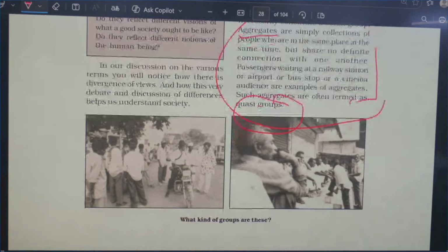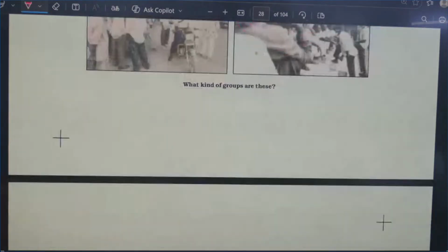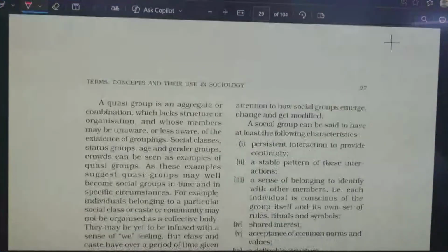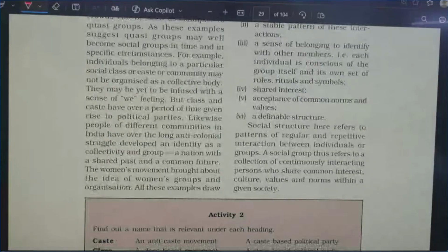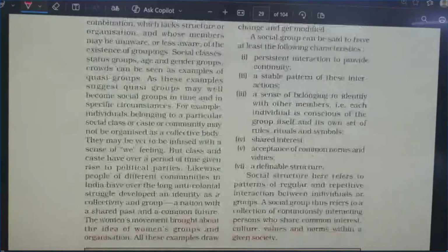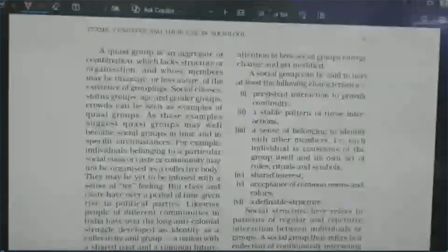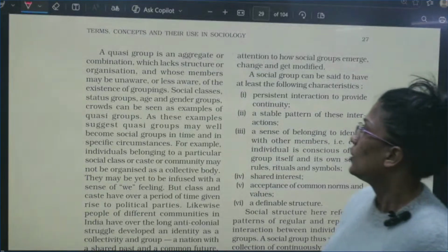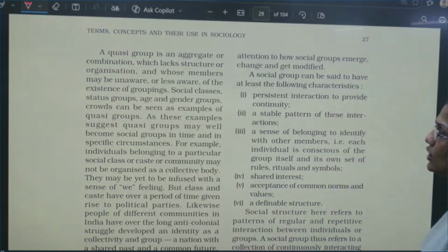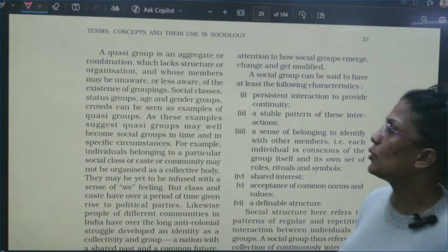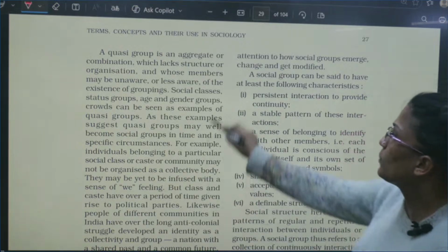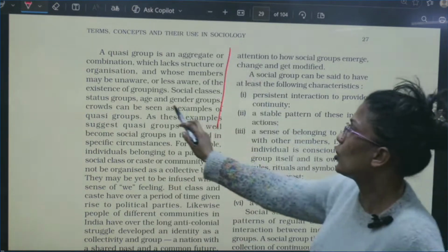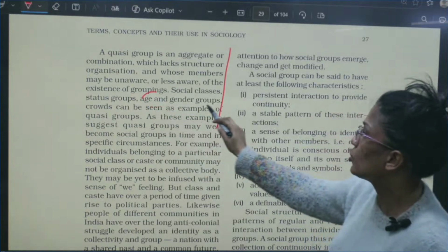In a group you have identity, some sort of connections. A quasi group can be aware of its identity or cannot be. Social classes, status groups, age and gender groups, crowds can be seen as examples of quasi groups. Please write this down: quasi groups, age, gender groups, and all that.